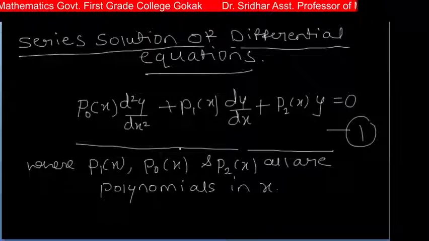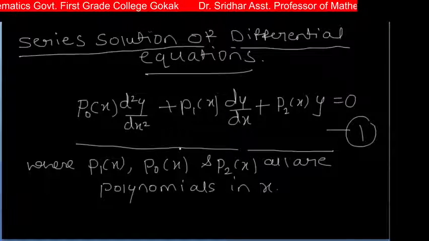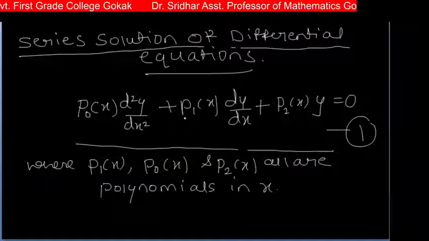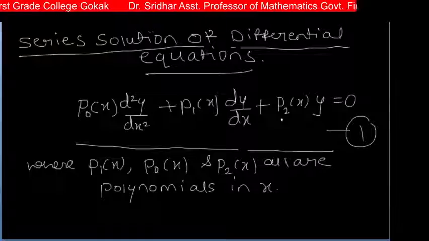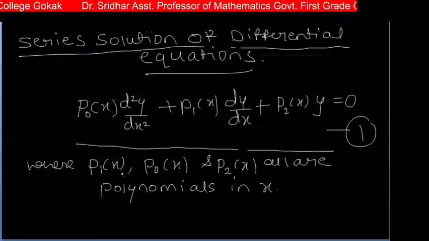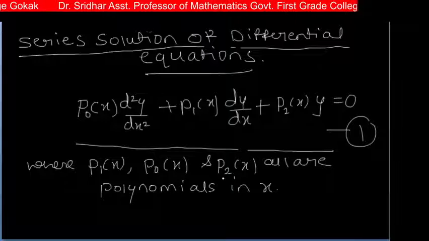Okay, so this is one type of differential equation. So it has variable coefficients, but these variables are in the form of polynomials.